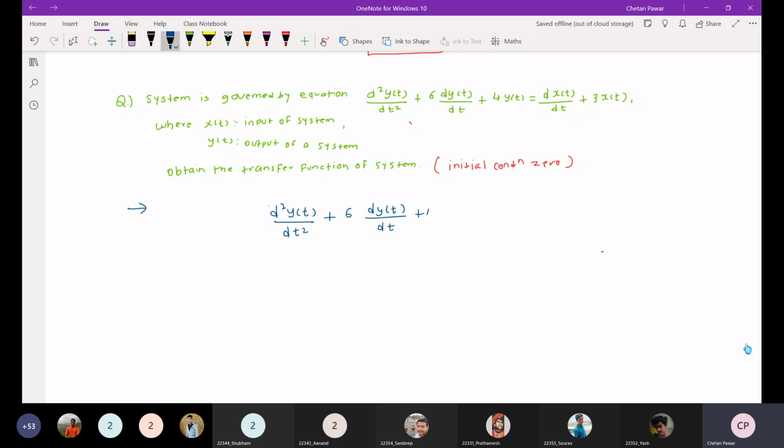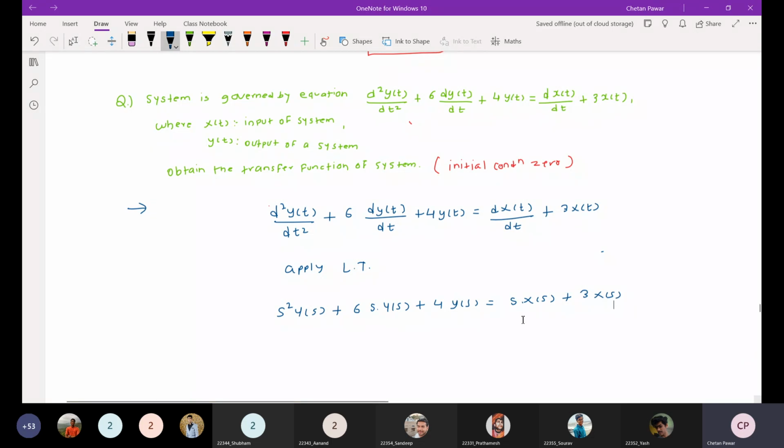This is the equation. So apply the Laplace transform. This will be s square Y of s plus 6 into s into Y of s plus 4 Y of s equals s X of s plus 3 X of s, because we are assuming that initial conditions are 0.